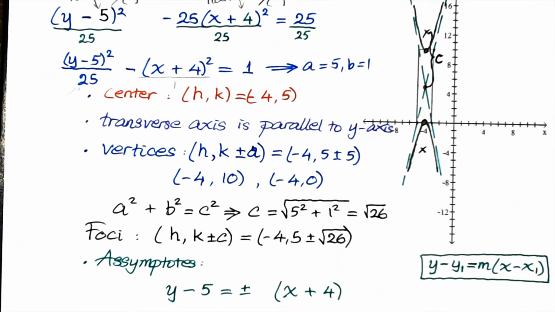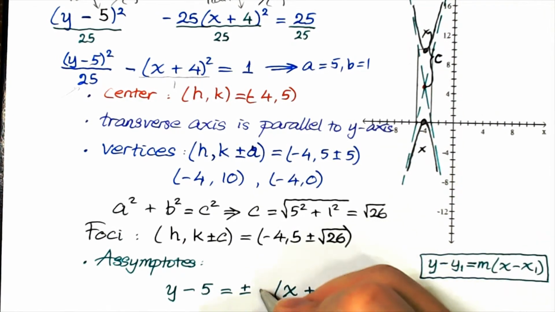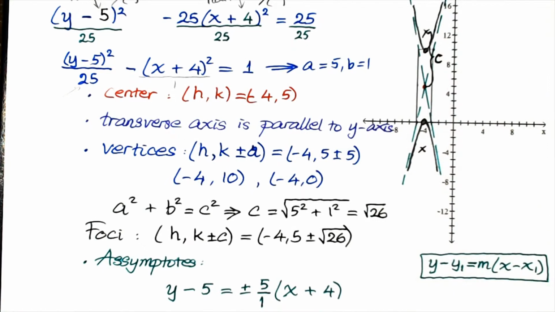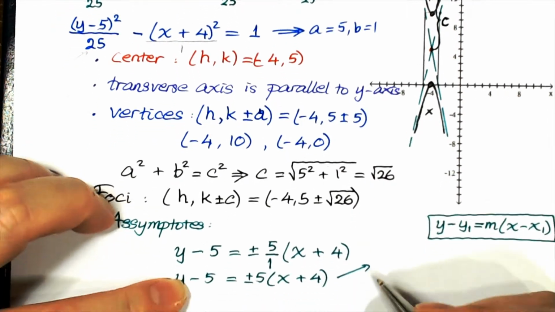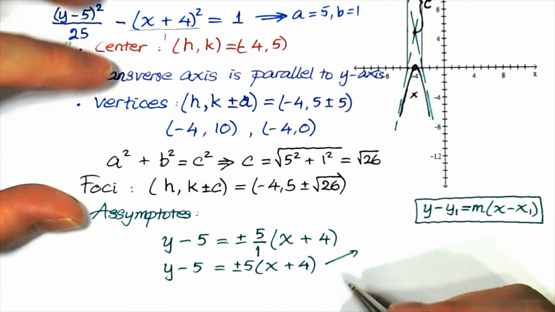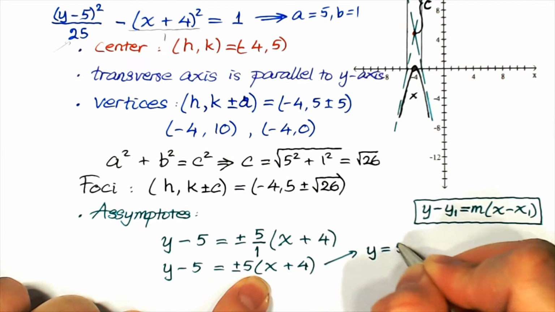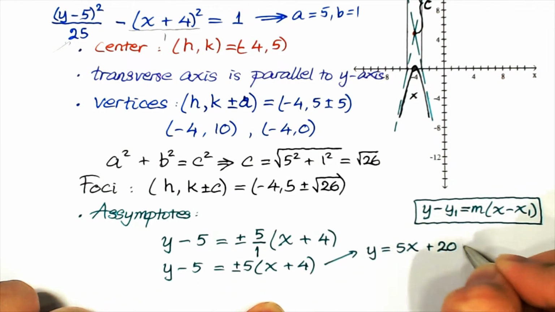Now the slope should be easy. The slope is rise over run. We go 5 units up and 1 unit to the right, so plus or minus 5 over 1, rise over run. And to simplify this equation, we have y minus 5 equal to plus or minus 5 times (x plus 4). If we do the plus sign, we will have y equal to 5x plus 20, and then we add 5 on that side.